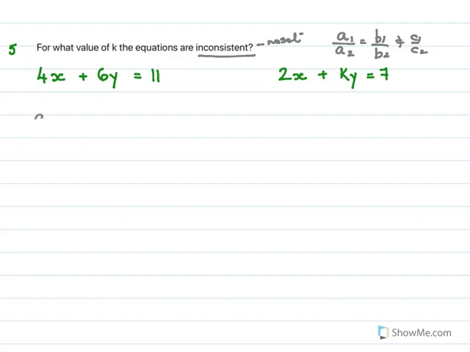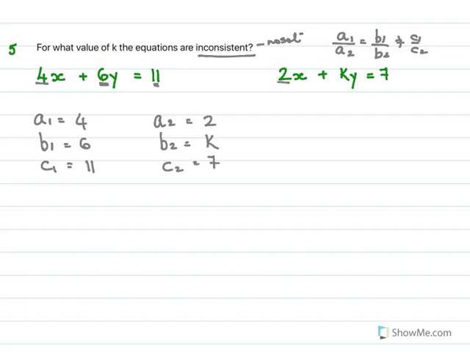So here we need to write our a1, b1, c1, a2, b2 and c2. Now your 4 will be your a1, here 6 will be your b1, and this will be your c1. For a2 this will be 2, b2 is k, c2 is 7.